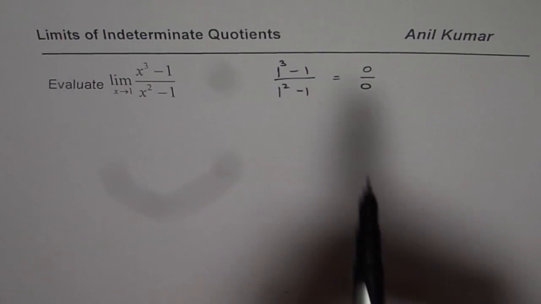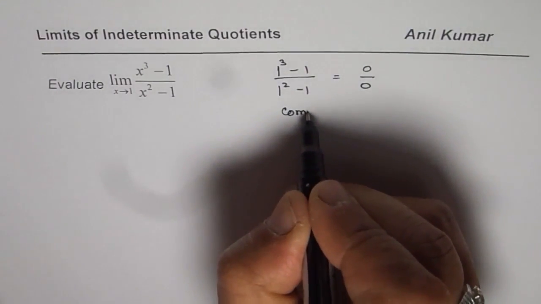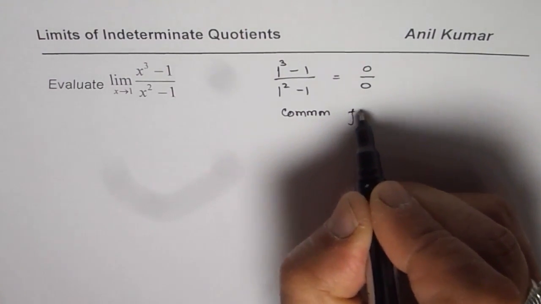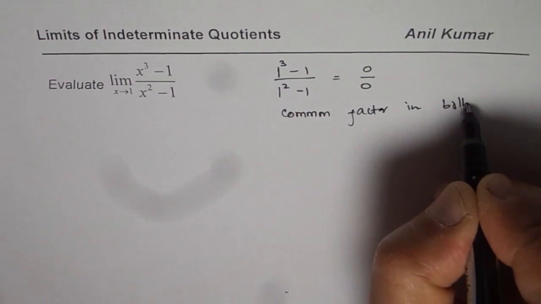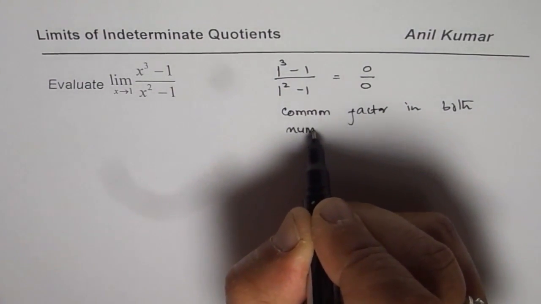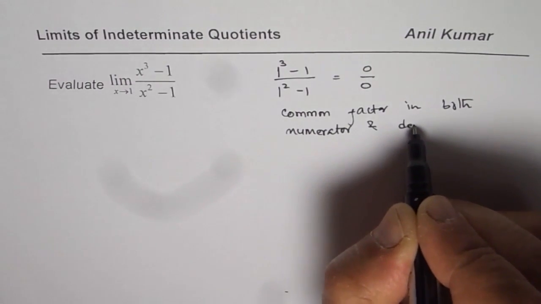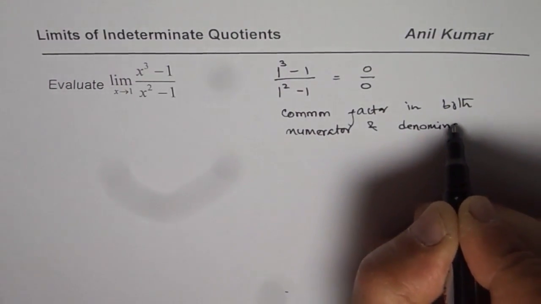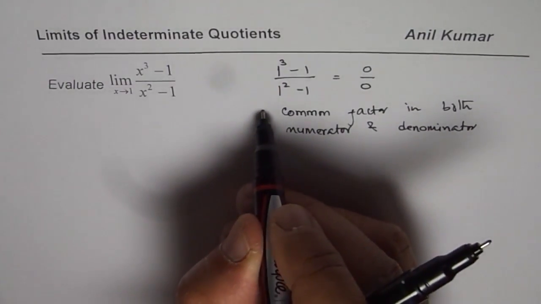However, it suggests one thing, and that is that we have a common factor in both numerator and denominator. So that is what it suggests, right? This is a very, very important suggestion.